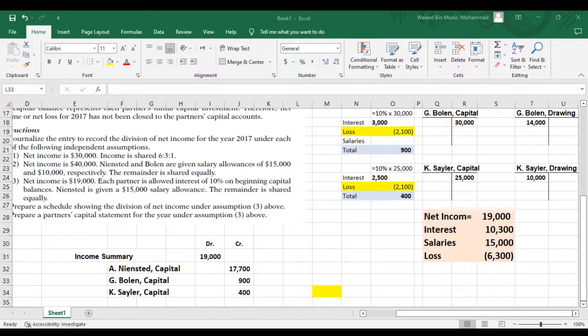You can make a schedule of it, just like this one: how much they receive, how much was left over for each partner. Clear?